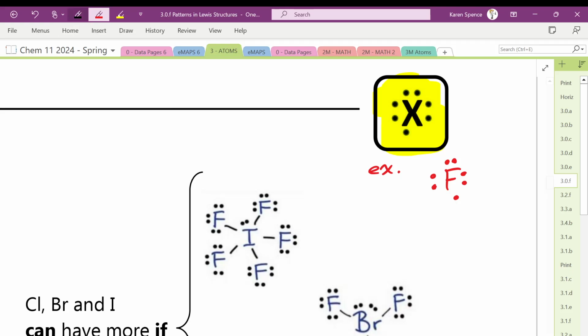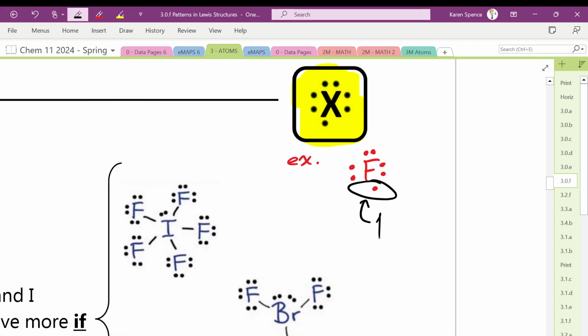How many unpaired electrons? One unpaired electron. Therefore, how many bonds will fluorine form? One. It can form only one bond.